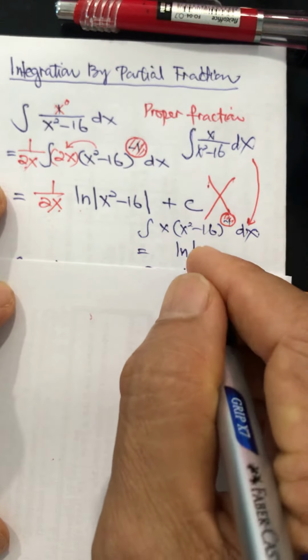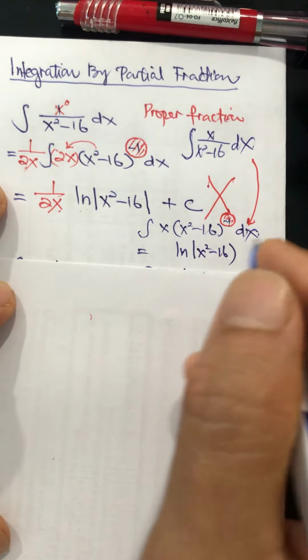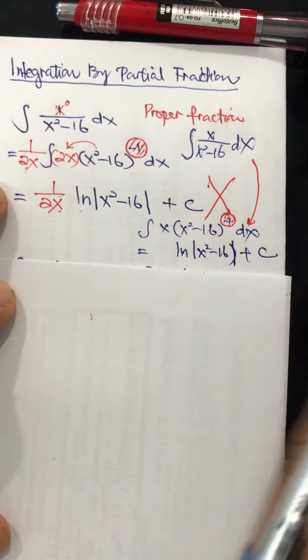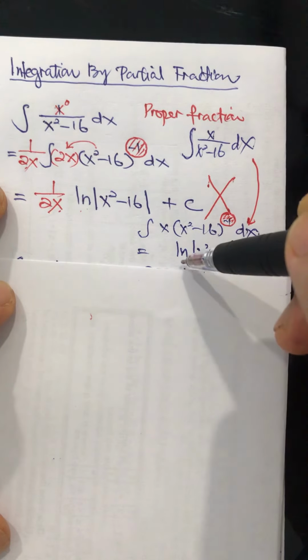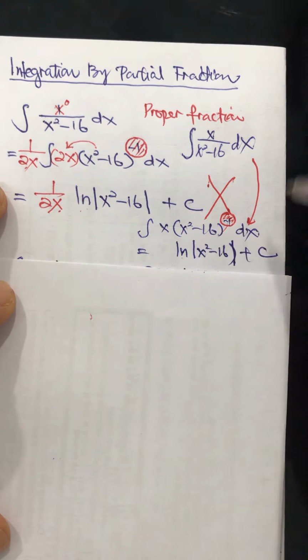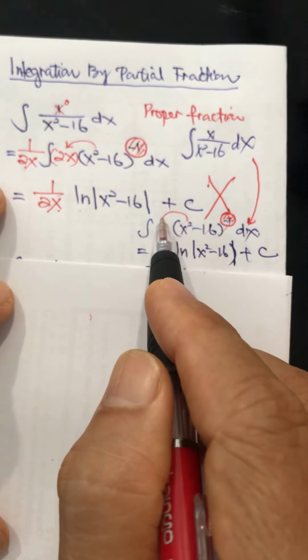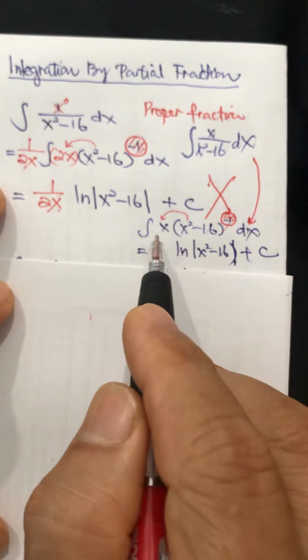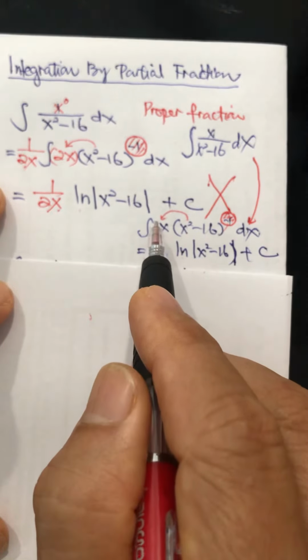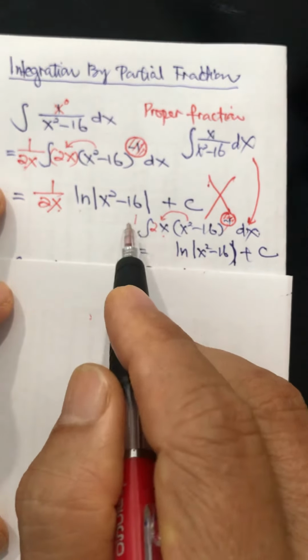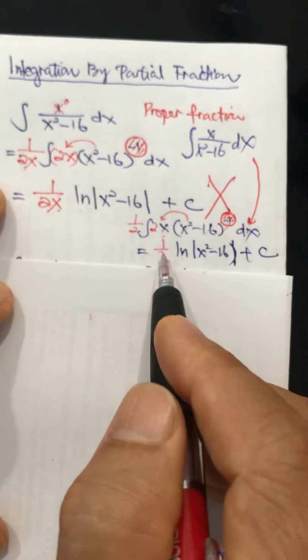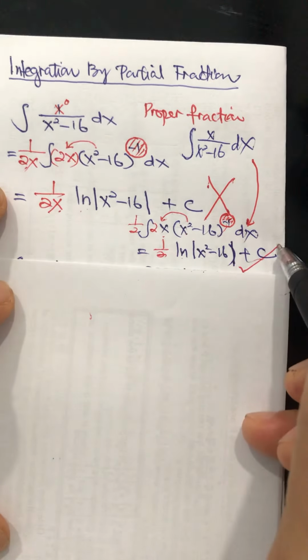It's definitely correct: ln modulus x squared minus 16, plus c. Negative 1 integrated changes the function and becomes ln. But one more step: when you differentiate, you get 2x. But the x is already here, so you just divide by 2. So you get 1 over 2. This one is 100% correct.